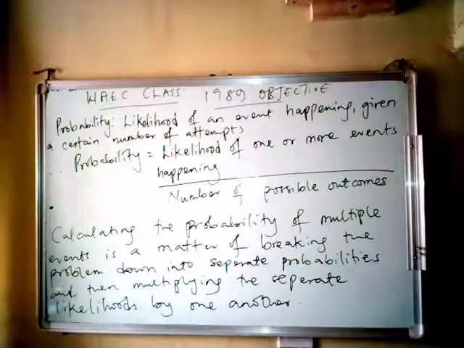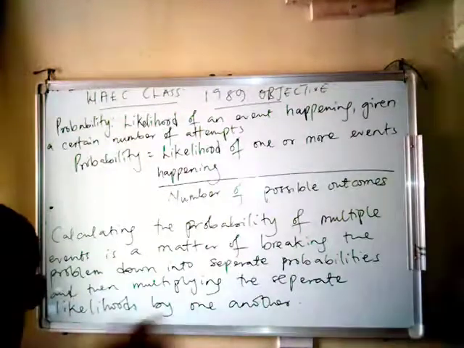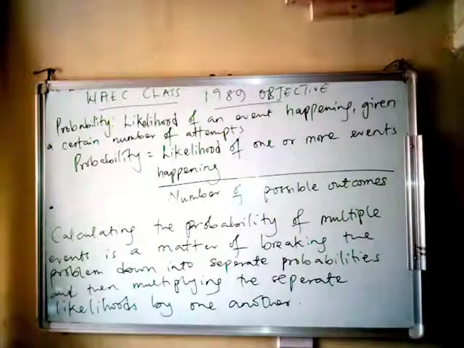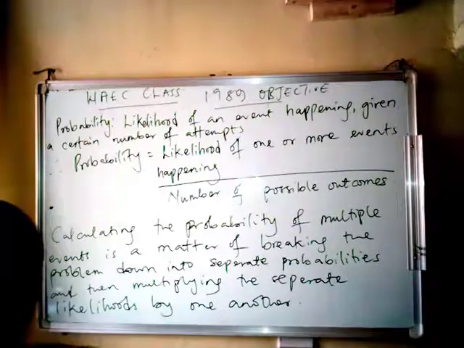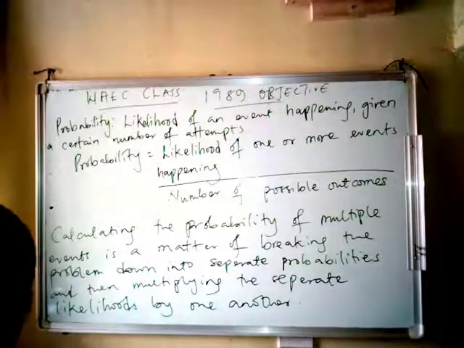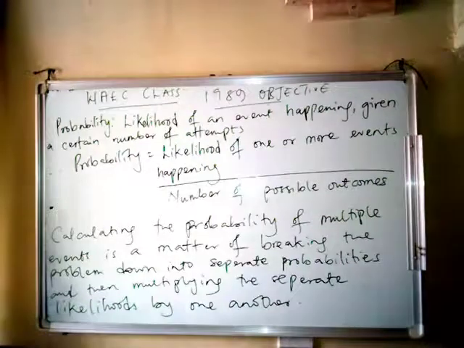People speak of constructive argument because you are talking with facts. So probability does not mean you are just guessing without facts. You are guessing with the facts on ground. That's the reason why it becomes something mathematical.